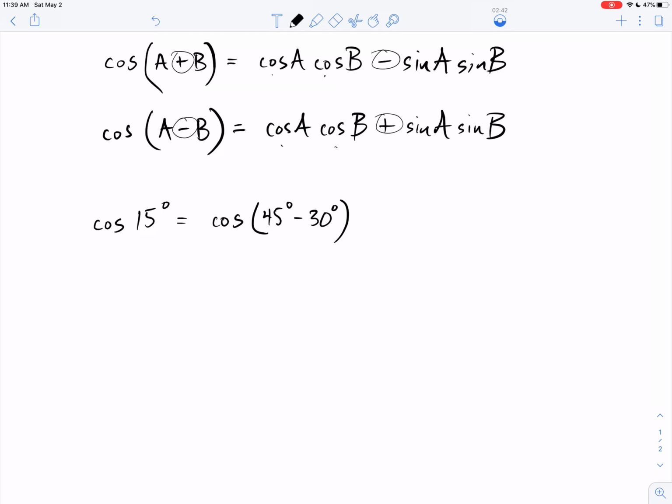And then you say, hey, which formula am I using to get this one done? I'm using this formula right here, the difference formula. I could rewrite this as the cosine of a 45-degree angle times the cosine of a 30-degree angle plus the sine of a 45-degree angle times the sine of a 30-degree angle.